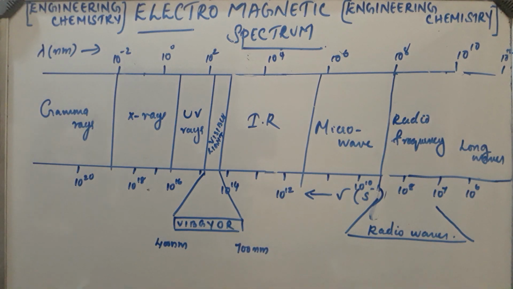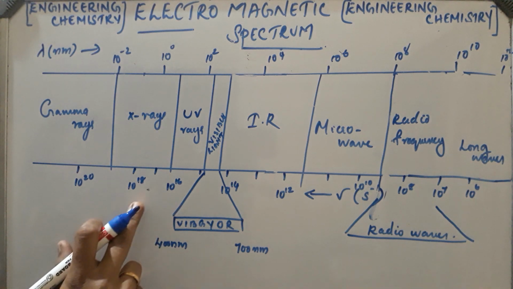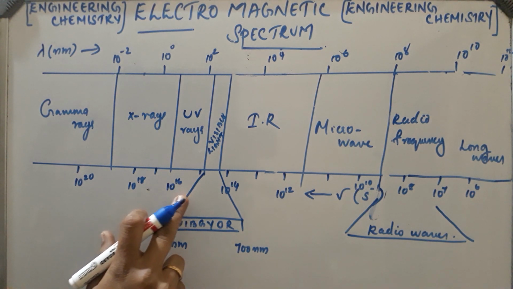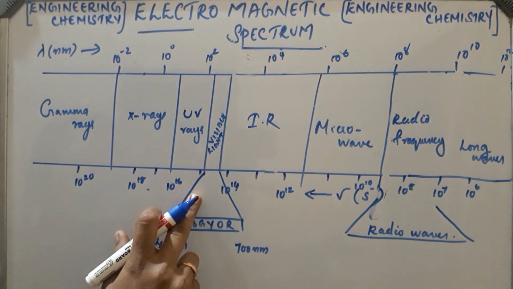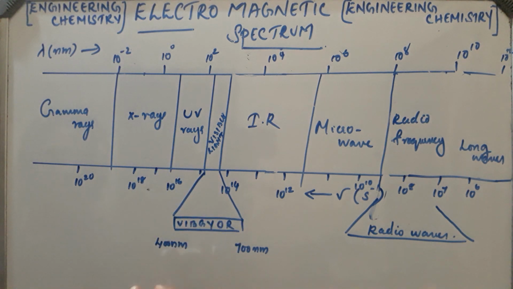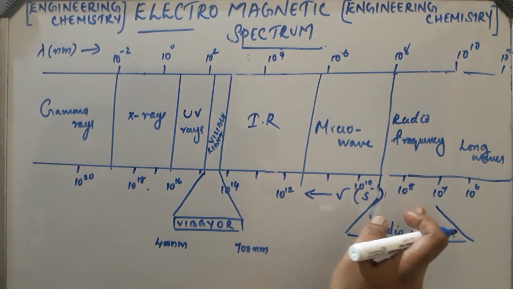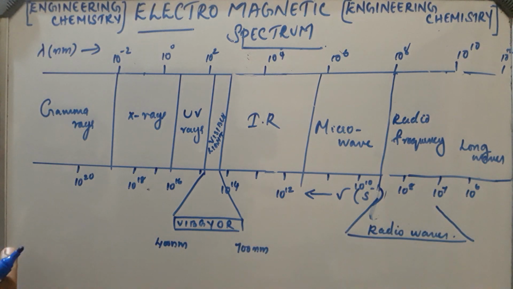Now, gamma rays have the highest frequency, almost 10 raised to 20. Then it is decreasing. X-rays are 10 raised to 18. Then this range is from 10 raised to 16 to 10 raised to 15: UV rays and visible light. Visible light is a small region where we can see the different colors. Next IR, microwave, then radio frequency. So frequency is decreasing from gamma rays to long waves.